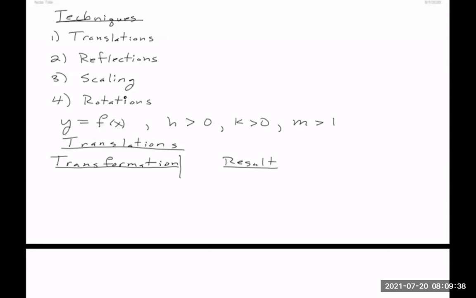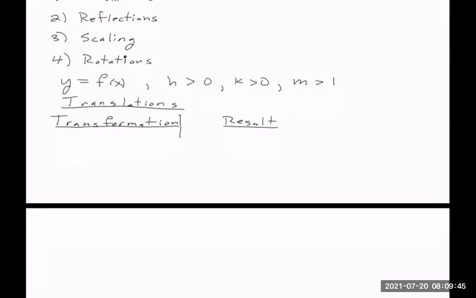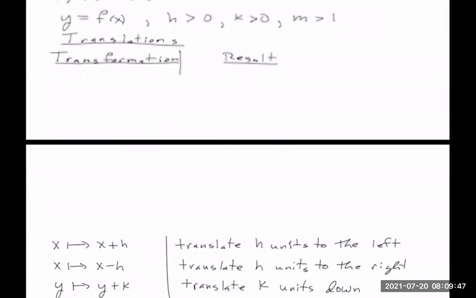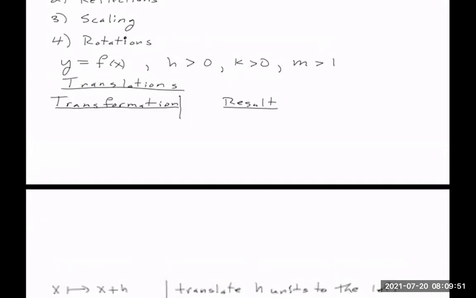Let me first discuss translations. Before I do that, let me give you some notation that will be useful. Let y equal f of x be the original function that we're looking at, and somehow we want to do something to that function.